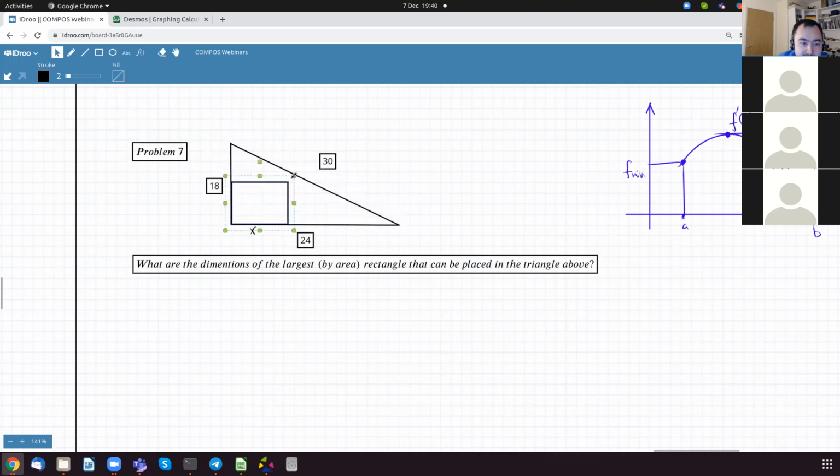So we already have the limits for x, so we can start plotting. x can change from 0 to 24, and this will be the area of the rectangle. So when x is 0, what is the area of the rectangle?